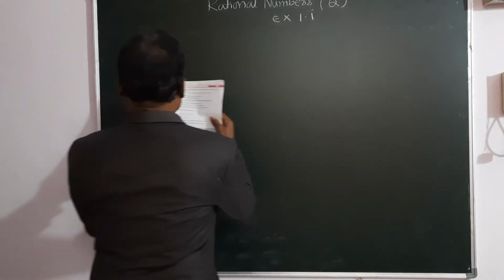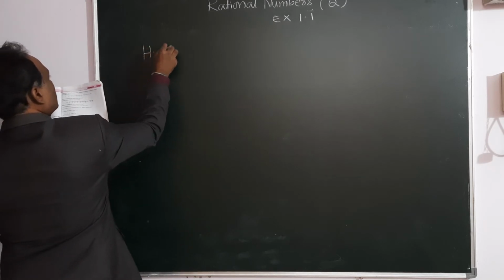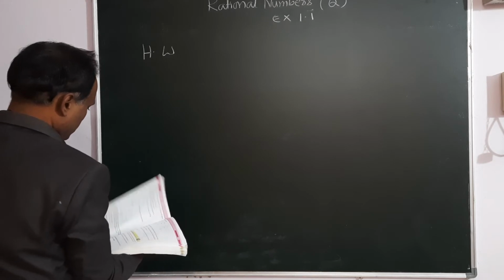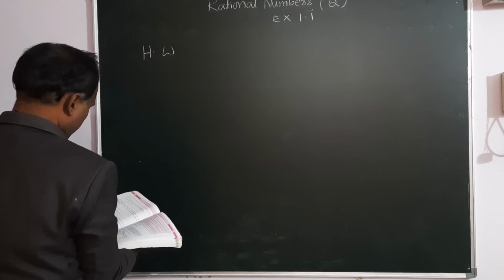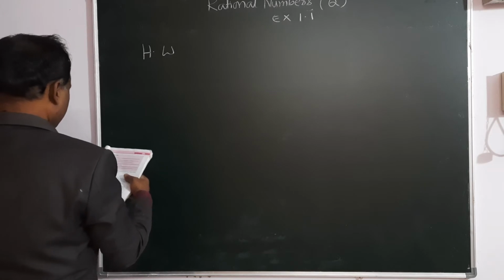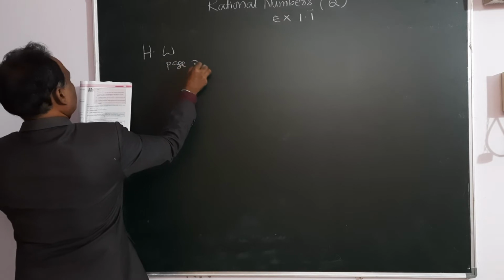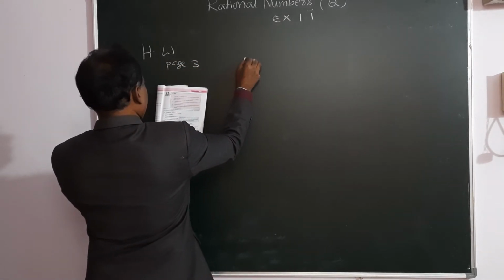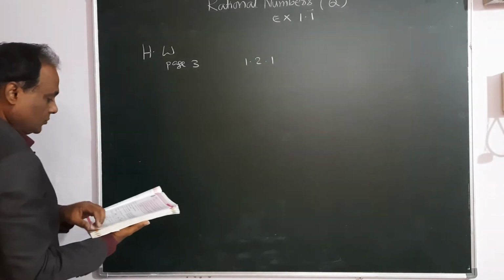So before going to the next exercise, let me give the homework. Page 3, the table 1.2.1, closure property, you complete it.